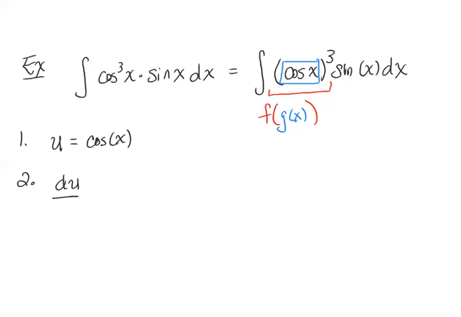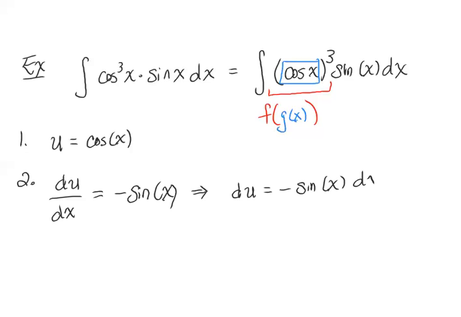I'm going to differentiate both sides of the equation with respect to x. du dx is equal to negative sine of x. Now, if I multiply both sides of the equation by dx, I get that du is equal to negative sine of x dx. Okay, so I have u and I have du.